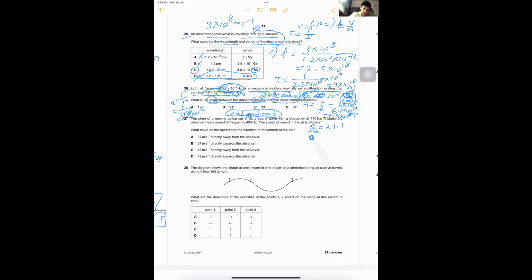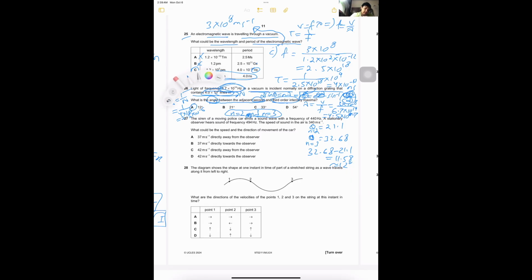Theta at n equal to 3 this time is 32.68. So subtracting them, I should have the answer. 32.68 minus 21.1, which is 11.58, which is equivalent to 12 degrees. So the answer should be A.